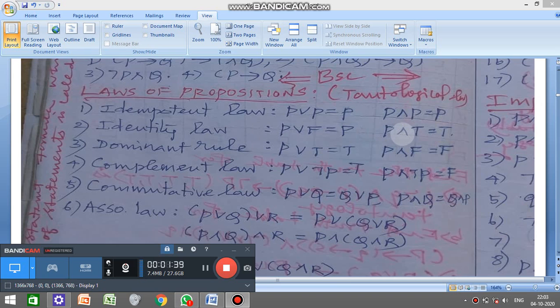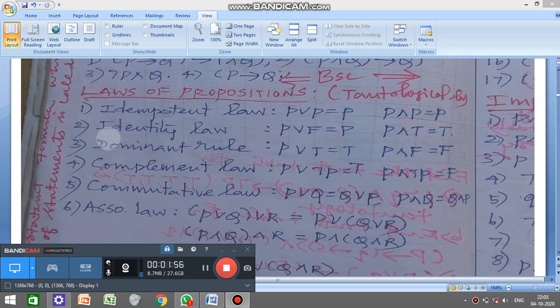When P and a contradiction are connected by AND, it will give you the truth value of P itself.